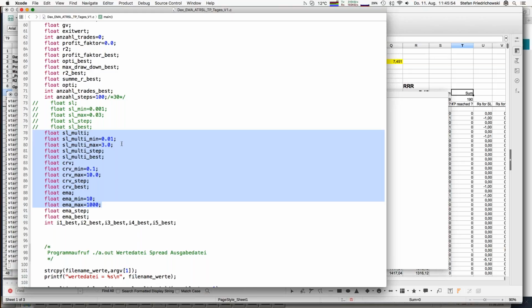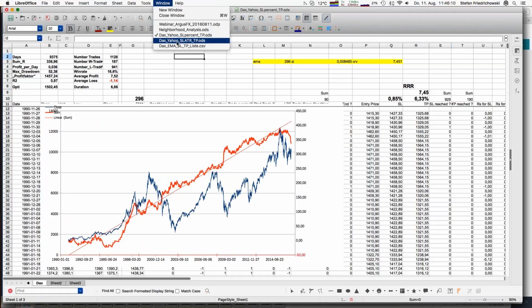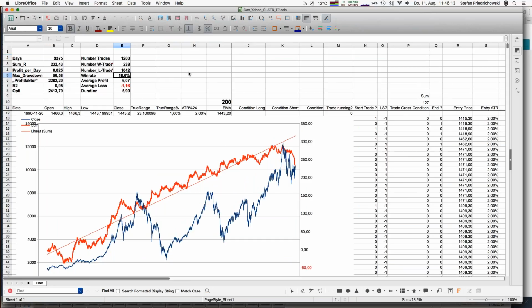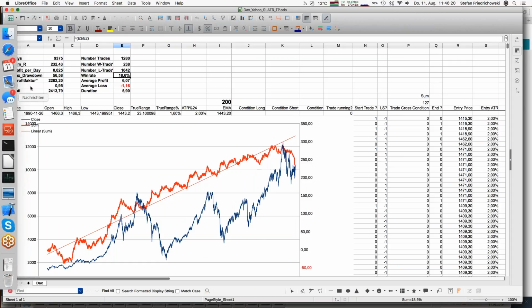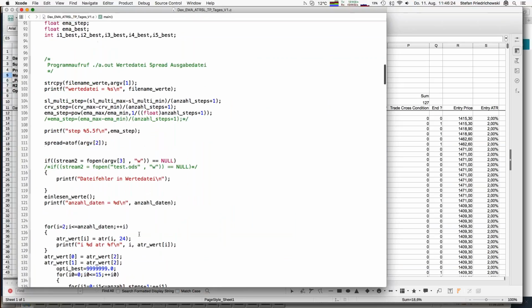I have to mention one other number, which I have not changed here: I use an ATR period of 24. Like we did in our Excel sheet, the same values we use in this C code. So ATR based on a period of 24, and I have used the same number here.